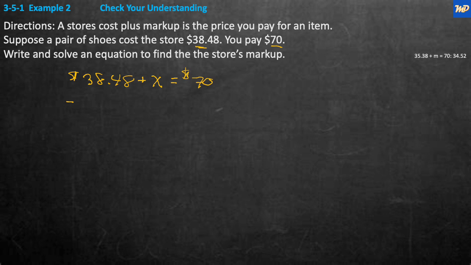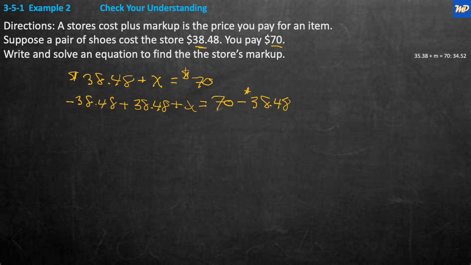X is by itself on the left when we remove the 38.48. So negative 38.48 plus 38.48, that's the original part, plus X is equal to $70 minus the $38.48. Okay?